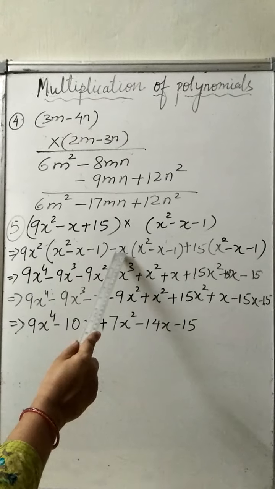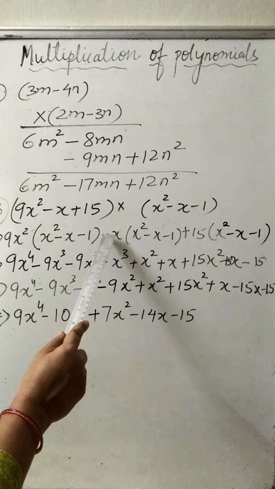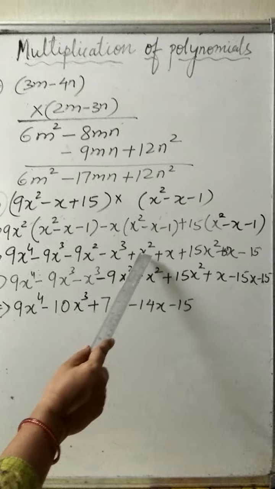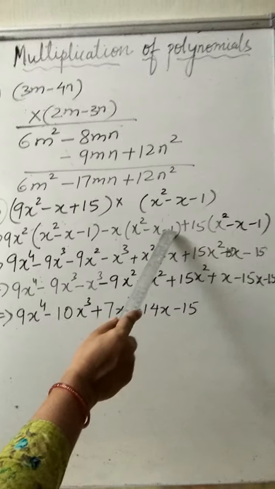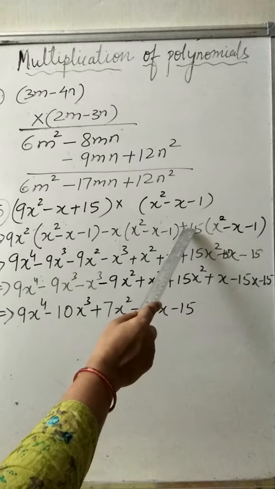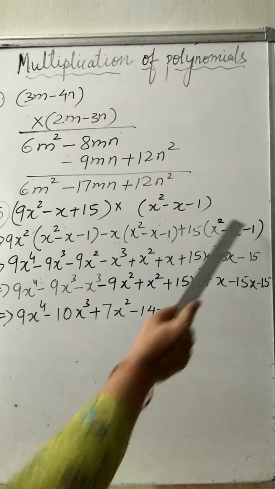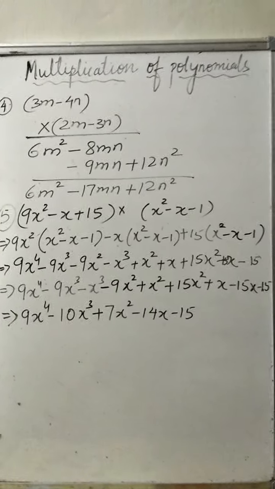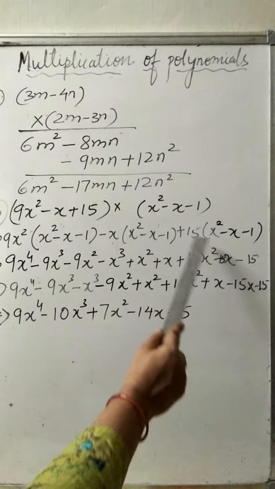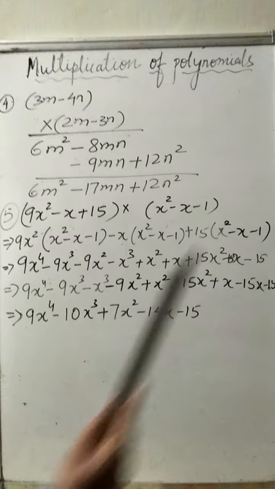So minus x into x square is minus x cube, minus plus x into x square, minus plus x into 1, x. Now here is plus sign. If outside plus sign is there, then no issues. Whatever sign this polynomial is carrying, you will get the same sign in the next step also. So 15 into x square, 15x square, then plus minus 15x and minus 15.